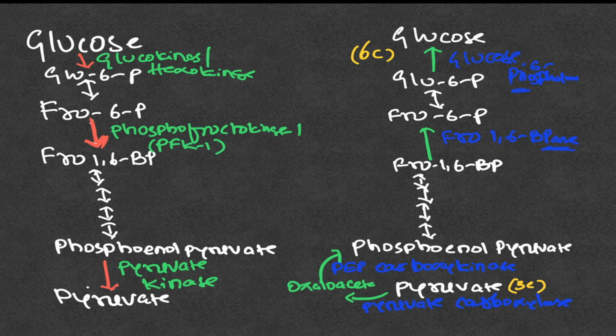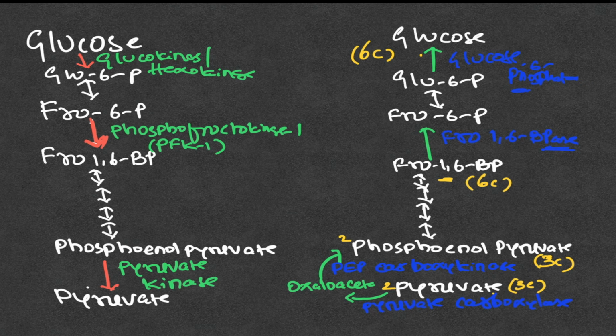So, in order to make 6 carbon glucose, we need 2 pyruvate molecules. 2 pyruvates need to be converted into 2 phosphoenol pyruvate, and 2 phosphoenol pyruvate together will give 1 molecule of fructose 1,6 bisphosphate, because it is a 6 carbon molecule. 2 phosphoenol pyruvate, each 3 carbon, so 2 of them is 6 carbon. Like that we make 6 carbon fructose 1,6 bisphosphate, which goes all the way to glucose. So, this is how we are going to make glucose from pyruvate.